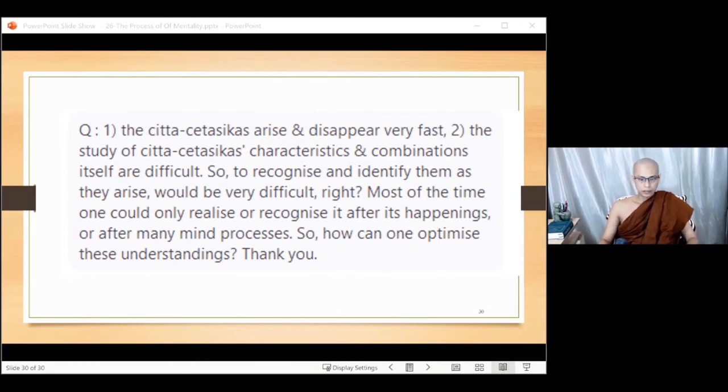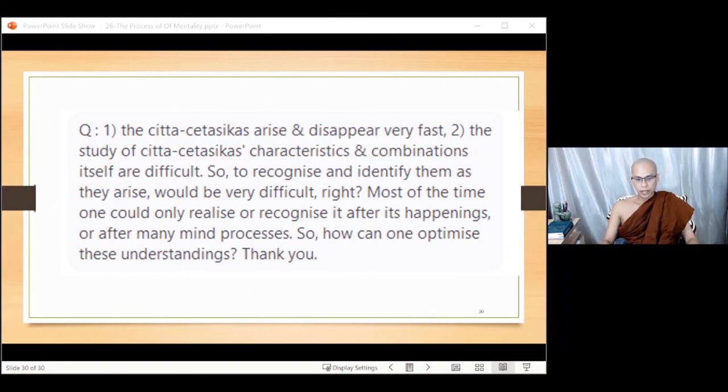Then your mind can be aware faster than in our ordinary daily life process, several times, hundreds of times, thousands of times, because it arises very fast.